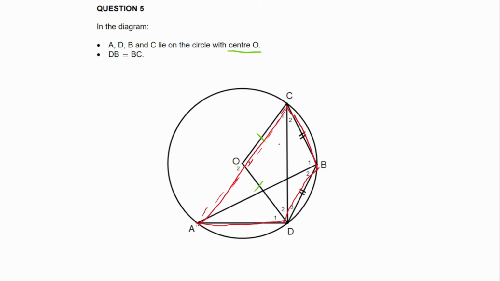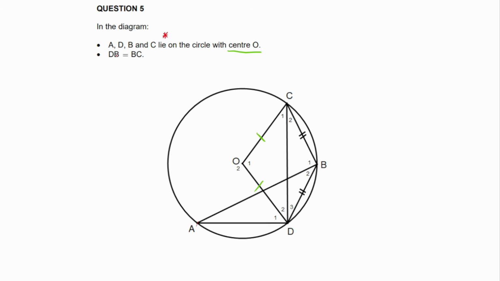A cyclic quad is just a four-sided shape where all four vertices lie on the circle. A lies on the circle, D lies on the circle, B lies on the circle, and C lies on the circle. So we can also use our theory for cyclic quads, which is going to be super helpful. So I'll put a little star here because I know I'm going to have a cyclic quad.